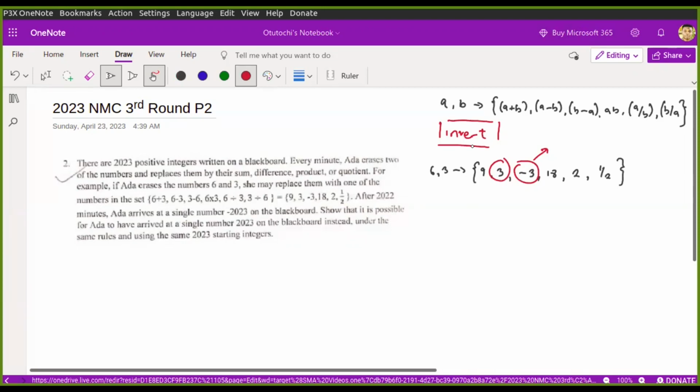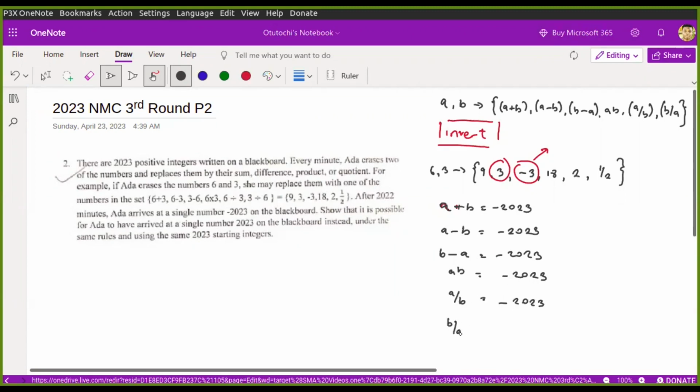Minus 2023 came from two numbers, A and B. So it could have either been A plus B equal to minus 2023, or A minus B equal to minus 2023, or B minus A equal to minus 2023, or AB equal to minus 2023, A over B equal to minus 2023, or B over A equal to minus 2023.